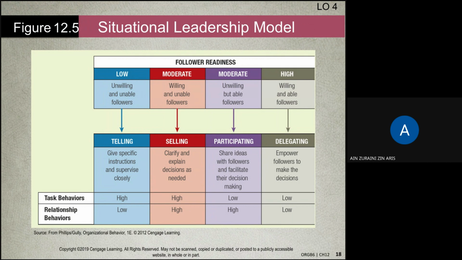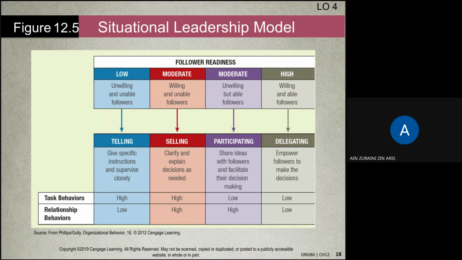So telling or directing is best for followers who are inexperienced or insecure. For example, a new intern who needs detailed guidance on how to complete their first work assignment. Okay, and then the second one is selling or coaching.